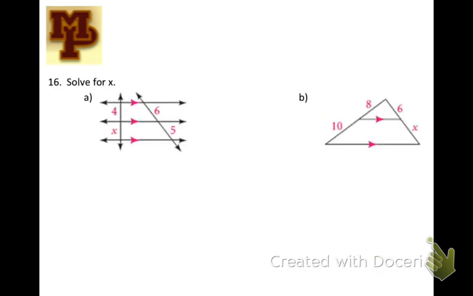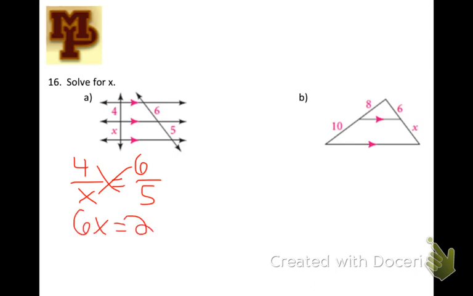Okay, this is like a triangle proportionality theorem. So really simple. You can put 4 over x is equal to 6 over 5, and then cross multiply. So 6x equals 20. X equals 20 over 6, which you can reduce, and that's 10 over 3.